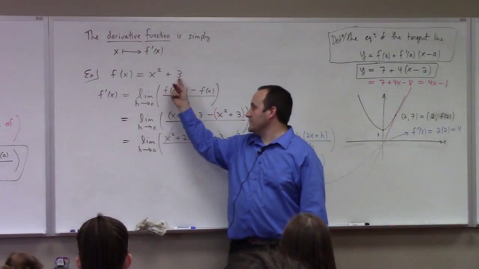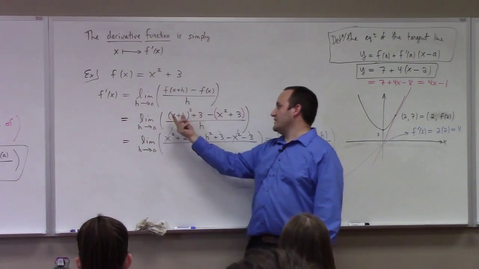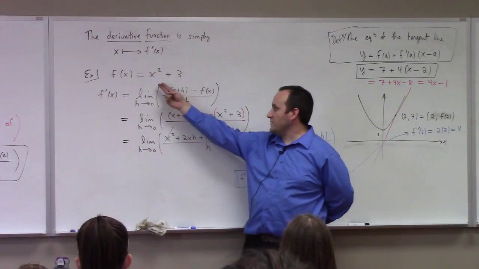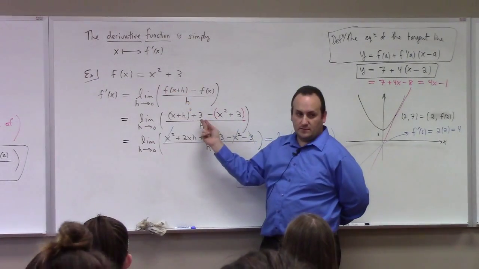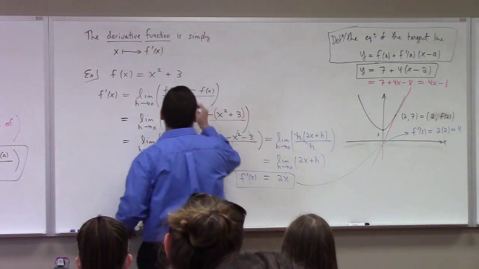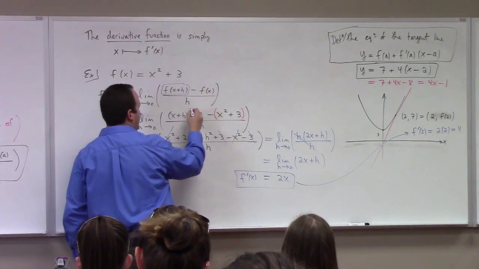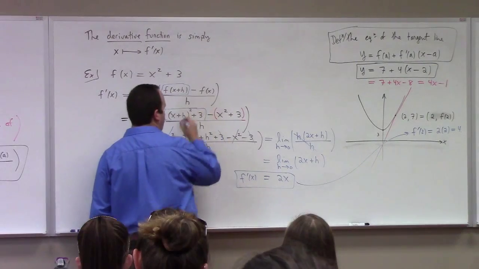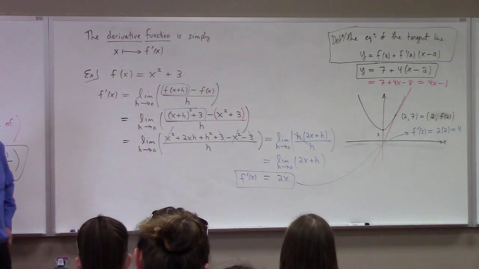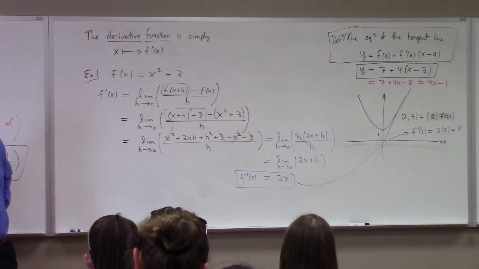Well, f of x is x squared plus 3, so I have to replace x with x plus h wherever it is. I put x plus h in the place of x. And then the 3 goes away. Right? So more specifically, this guy is exactly these terms. And what's in red is the f of x.